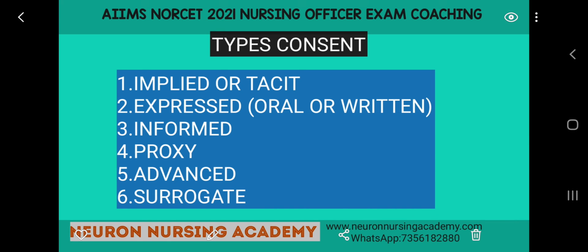So these three things are understood. Proxy, as I told, is when the patient is unconscious or mentally ill; relatives or other family members can give consent, that is proxy consent. Advanced means consent given before death. Surrogate means for children, the family members like parents give consent. So these are the different consents.